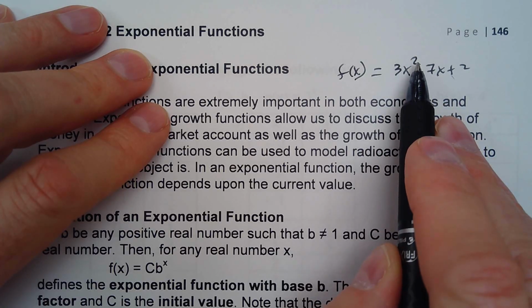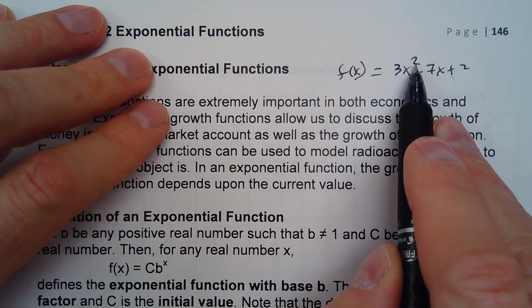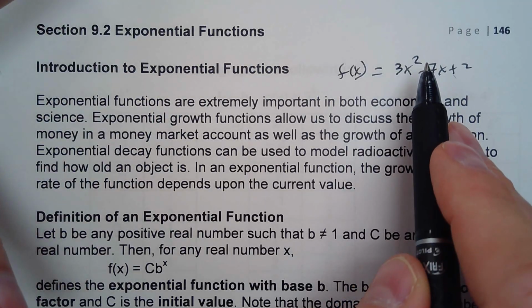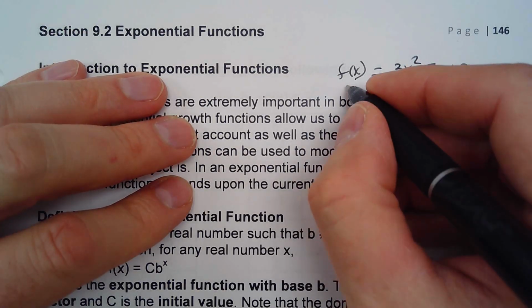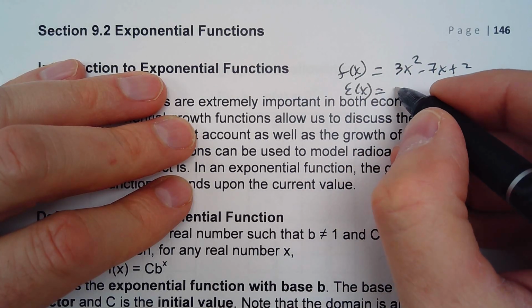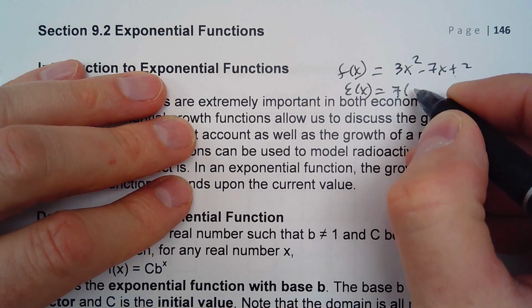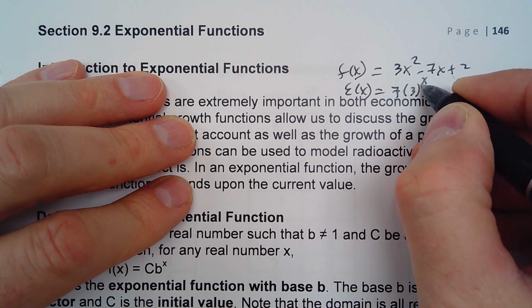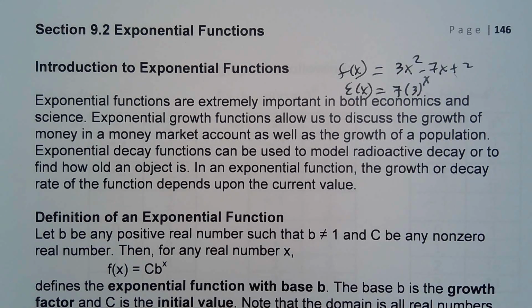My exponent was a number. This is now flipping on its head. So now what we're looking for with exponential functions is something that looks like this, like 7 times 3 raised to the x power. We're flipping around the base and the exponent here.